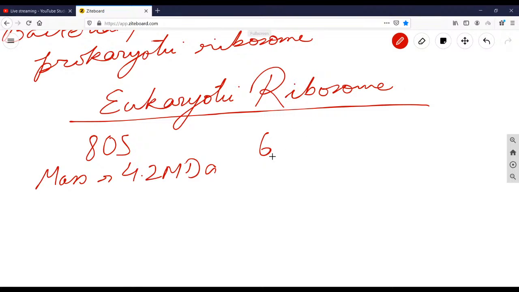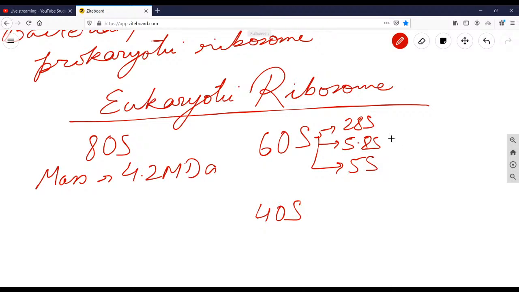60S plus 40S. And the 60S is divided into 28S rRNA, 5.8S rRNA, and 5S rRNA. Plus, it has got 49 R proteins.